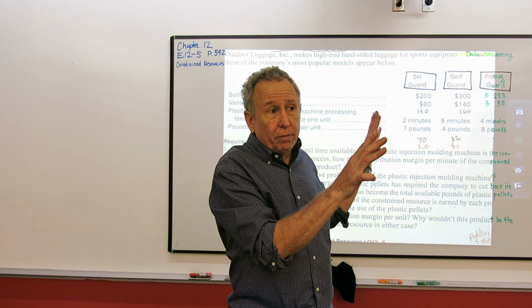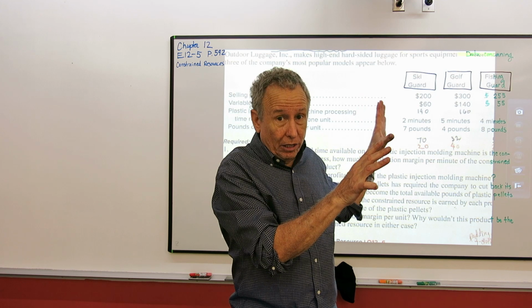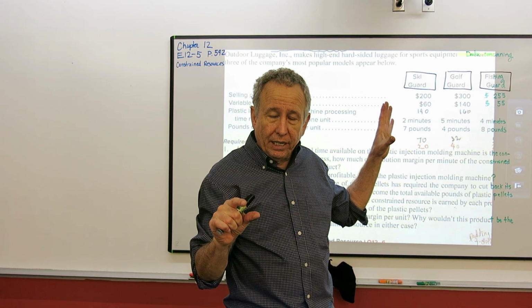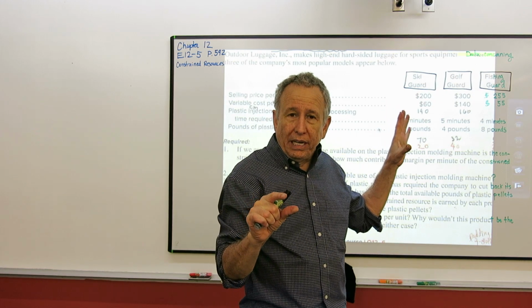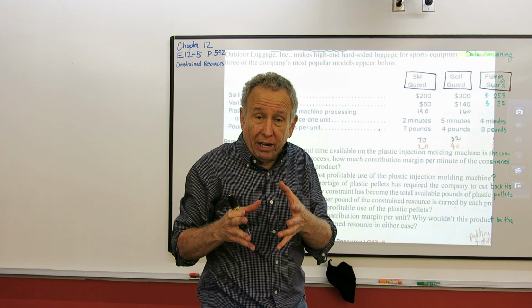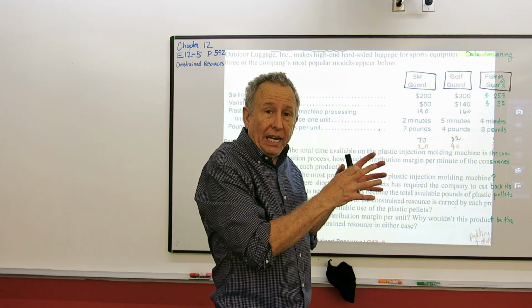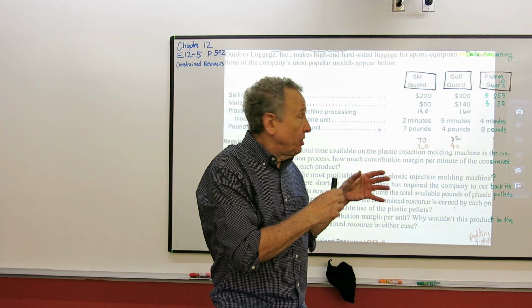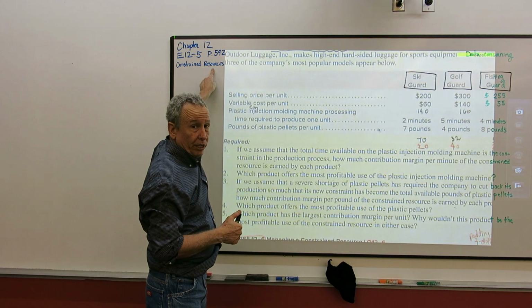And let's say you have another product that is not nearly as profitable, but it doesn't take as much of the key ingredient. It may very well be that relative to the fact that you are short on that material, you don't have enough, it's better off for you to make the unprofitable product because you can make more of it. And this deals again with a constrained resource.